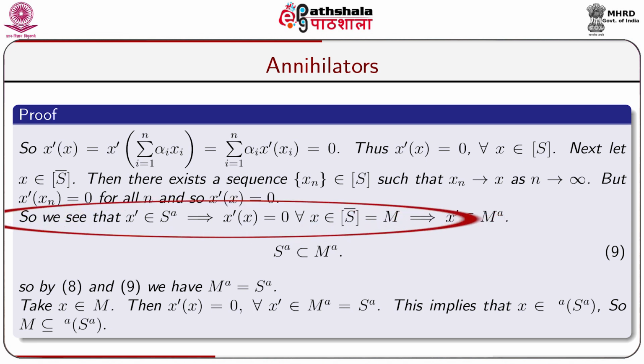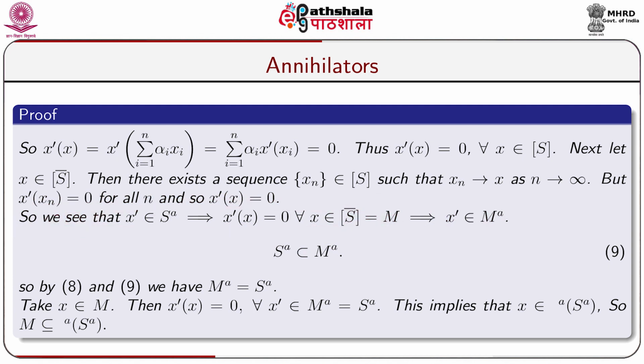So we see that x'(x) equals 0 for all x belonging to the closure of [S], which is equal to M. This implies that x' belongs to MA. So SA is a subset of MA. This is equation number 9. So, by equation 8 and equation 9, we see that MA equals SA.